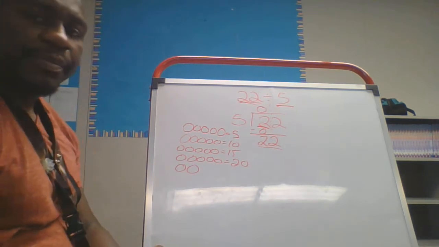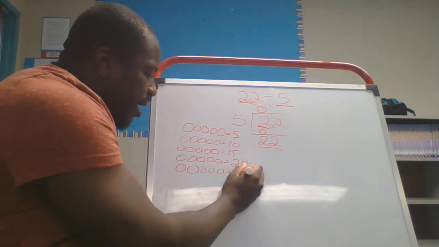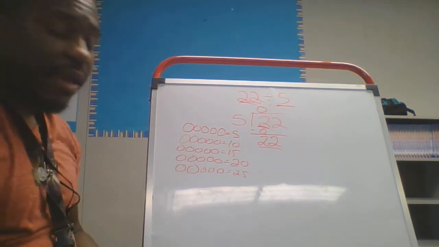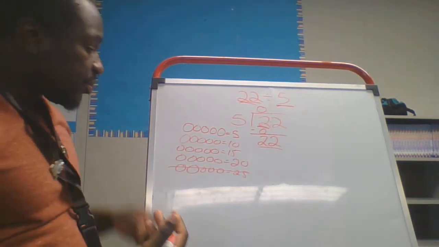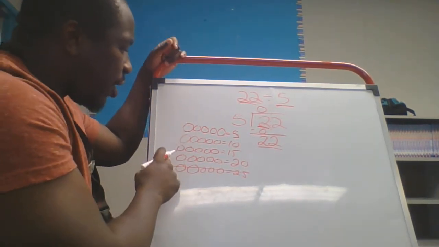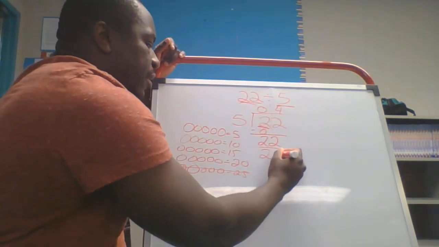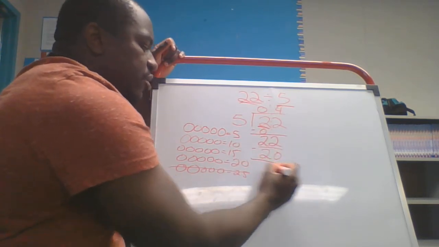So we hit 22. Let's go ahead and finish. 23, 24, 25. So that means that 22 is greater than 20 but less than 25. We can't use 5 groups of 5 because 25 would be too much. 1, 2, 3, 4. We have 4 groups of 5 here, and that gives us 20. 22 minus 20 is 2.